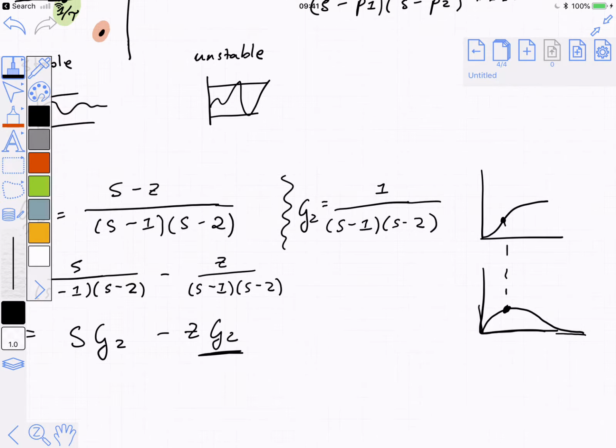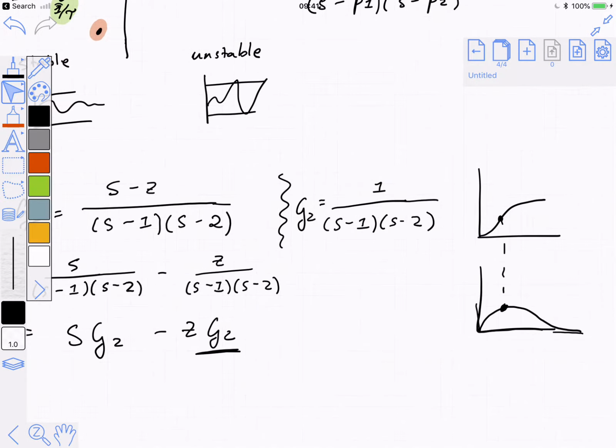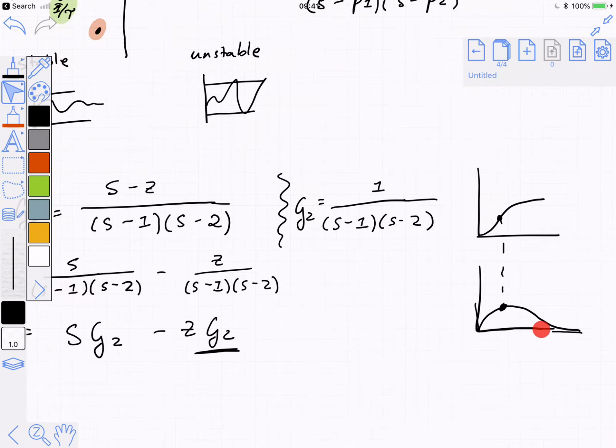You would be thinking, I'm going to see some amount of the system that was G2, and that amount is going to be given by the magnitude of the zero. In other words, if z is close to 0, I'll effectively only see the derivative. I'll see just this effect only.